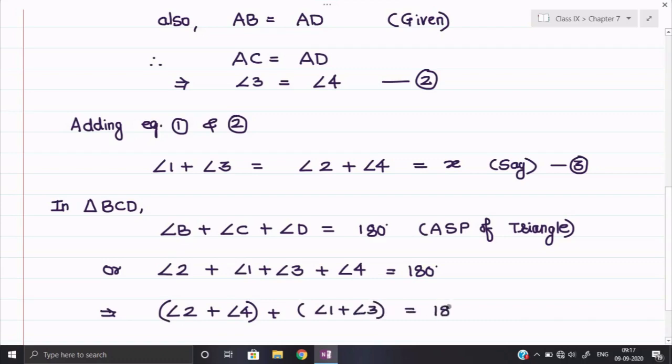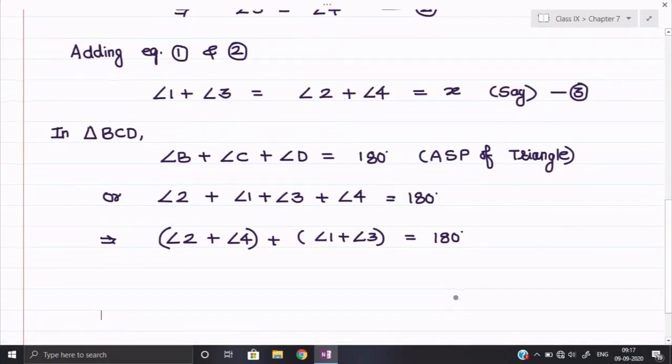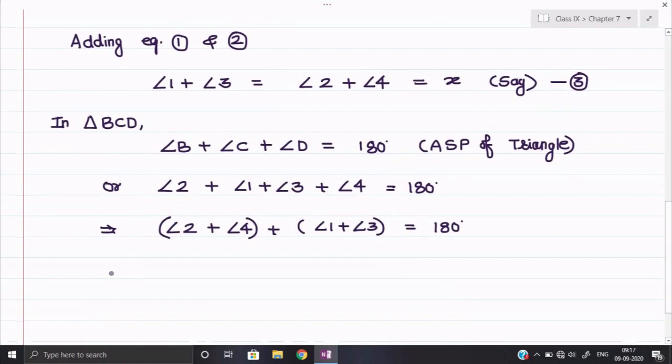Now look at equation number 3. What is the value of angle 2 plus angle 4? Angle 2 plus angle 4 is equal to x, as well as angle 1 plus angle 3 is also equal to x. Right? This we can say by equation 3.